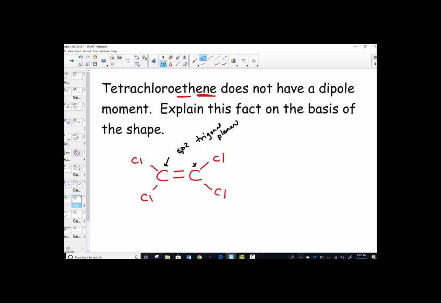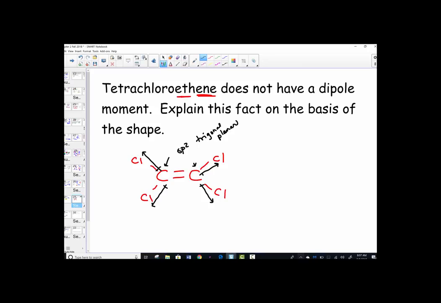It says it overall does not have a dipole moment. Explain this fact based on the shape. This is a very polar bond on this carbon, heading out to the more electronegative chlorine.